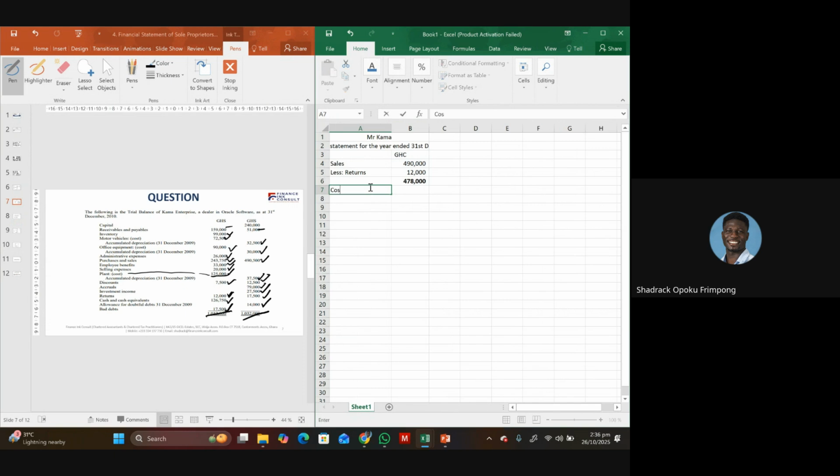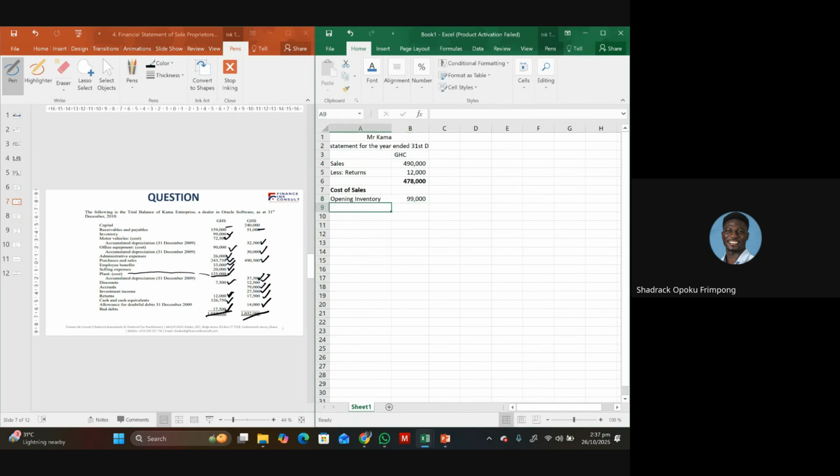Then we move to our cost of sales. We said we would first sell the inventory we have at the beginning. So opening inventory, which was given to us in the question as 9,993.